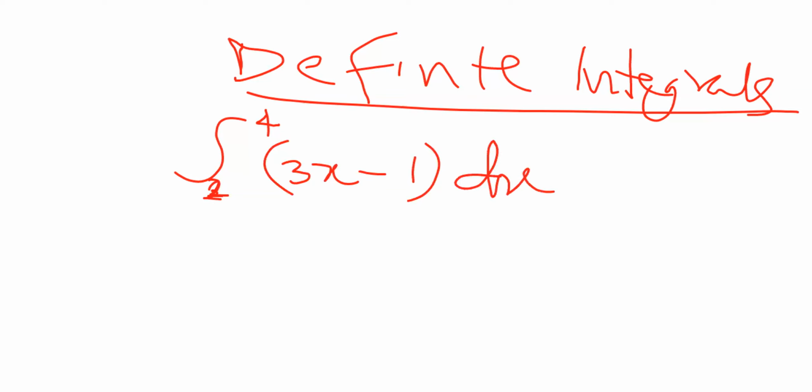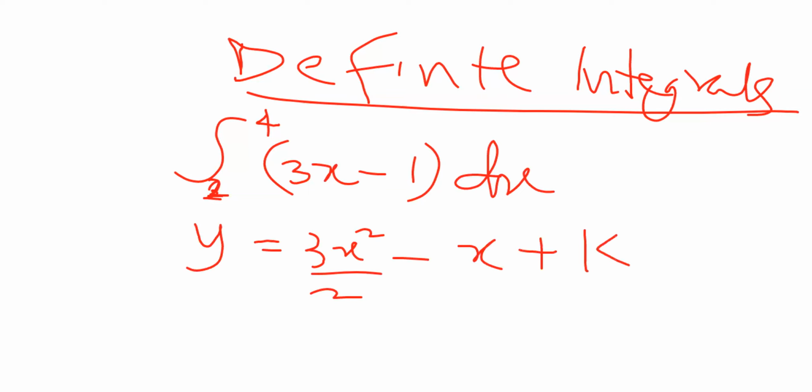What definite means is you quickly solve. We get 3x squared over 2 minus x. If you integrate 3x, that means 3x squared over 2 plus k. Sorry, I mean integrate, not differentiate.